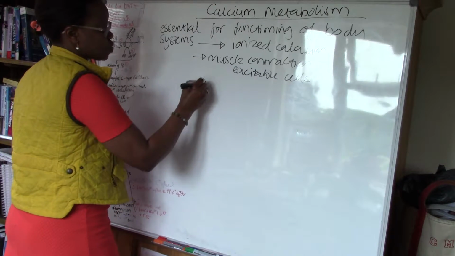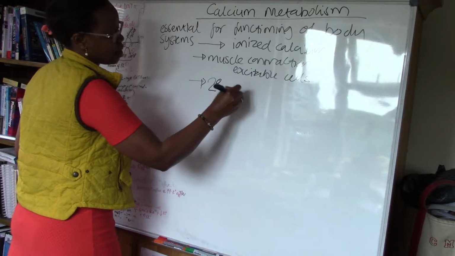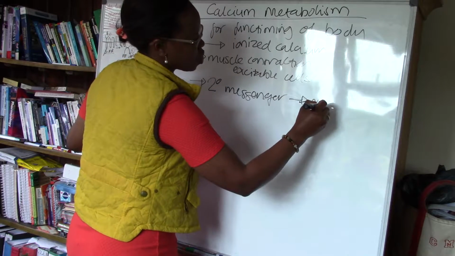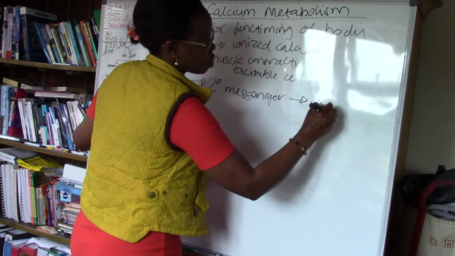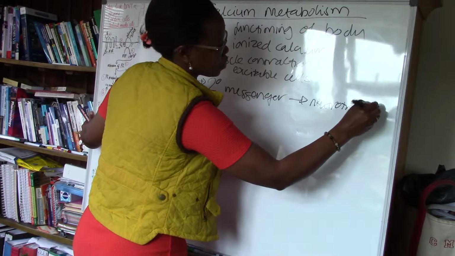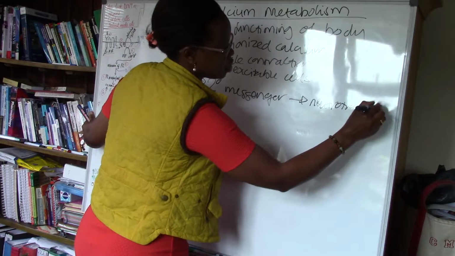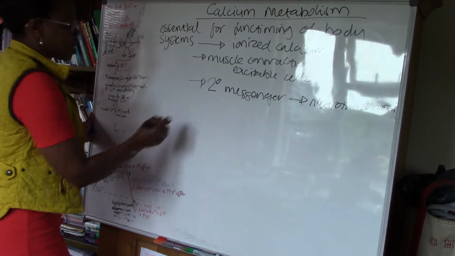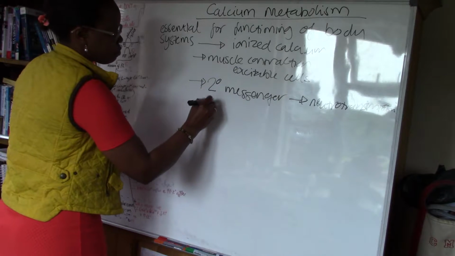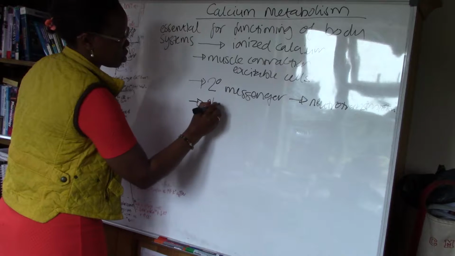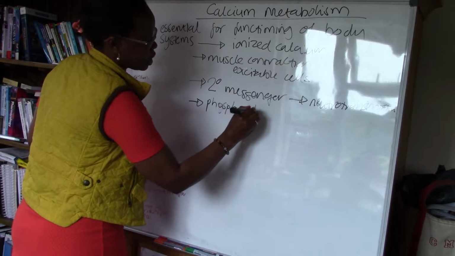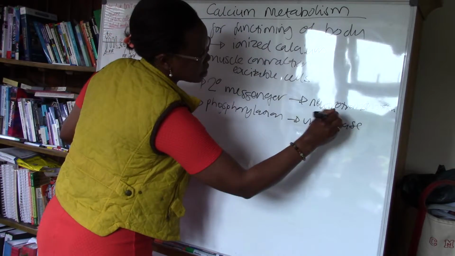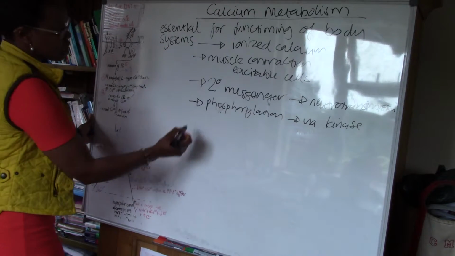Calcium is also useful as a secondary messenger for a lot of processes, including neurotransmission. And it's also useful for a lot of phosphorylation, like via the kinase enzyme processes.